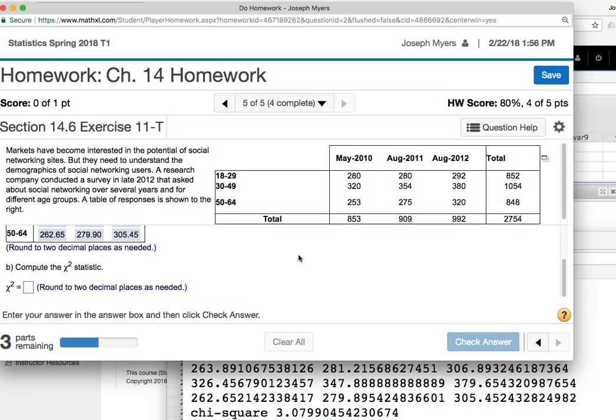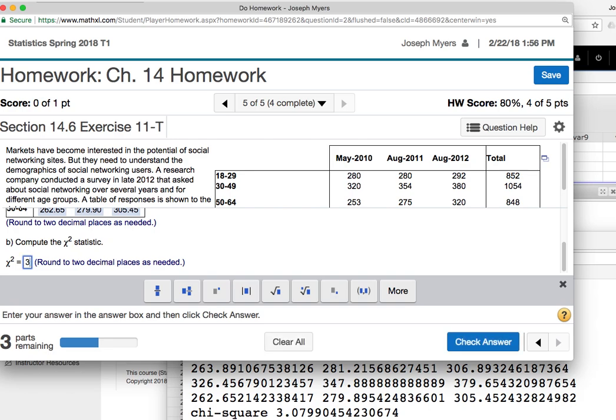Excellent. And the chi-square statistic has already been computed. It's 3.07, which rounds up to 3.08.